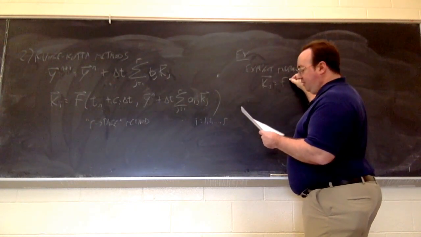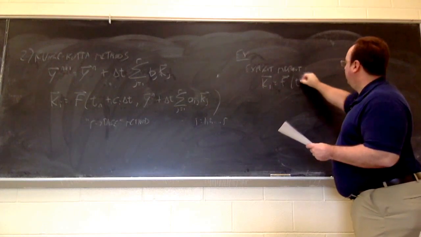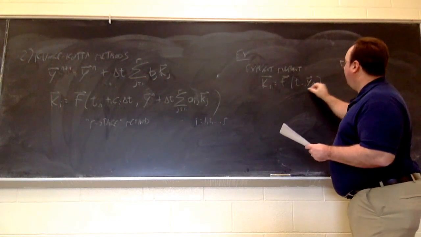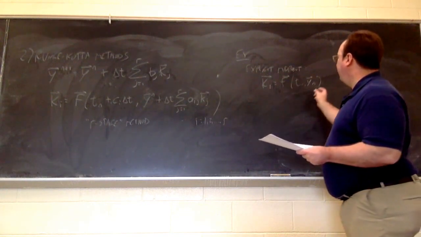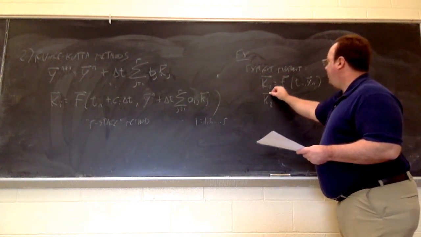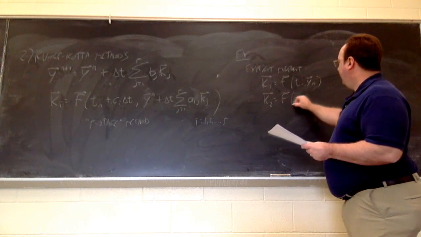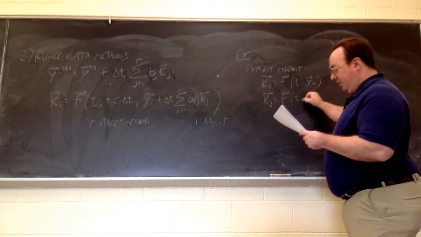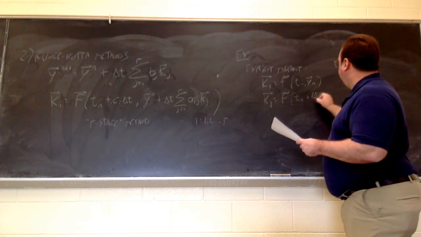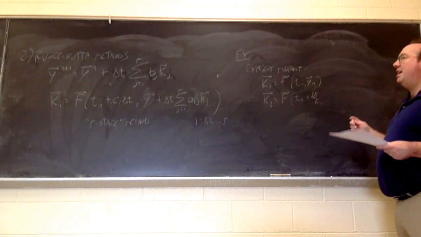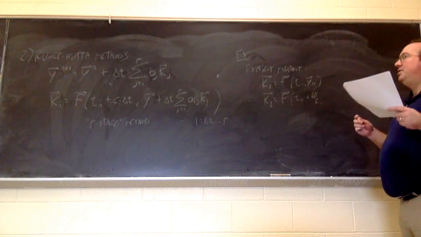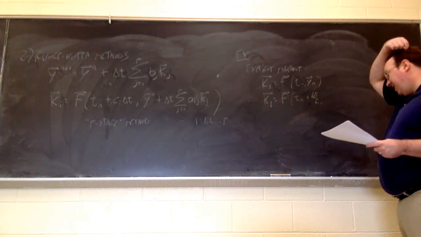K1 is just plain old f of tn, yn. Usually that's what k1 is. And k2 is f of tn plus delta t over 2, and then we want an approximation of y at this time, so taking half a time step.